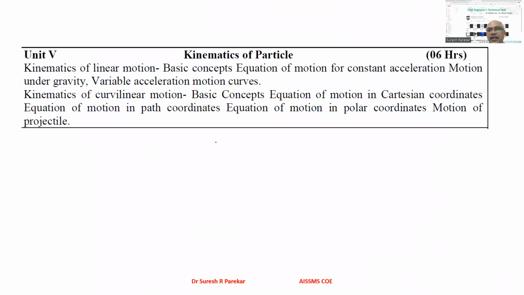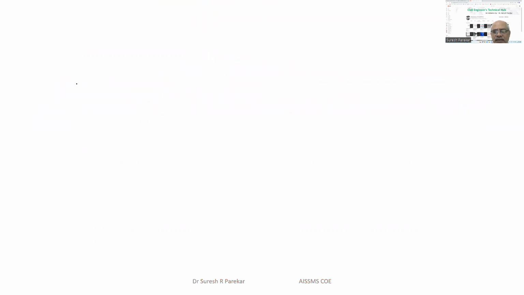Now you can see here the portion we have covered. Basic concepts, equations of motion, problems from constant acceleration, and now we will go with motion under gravity. Motion under gravity is very easy, I can say, but you have to understand it very clearly.